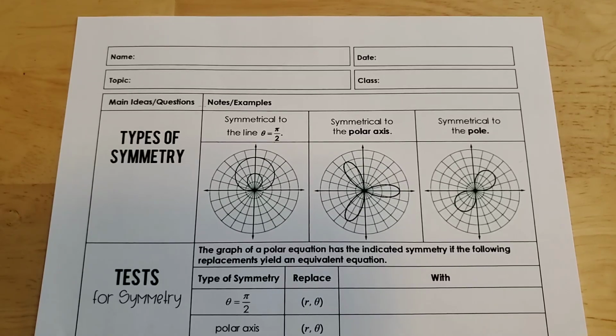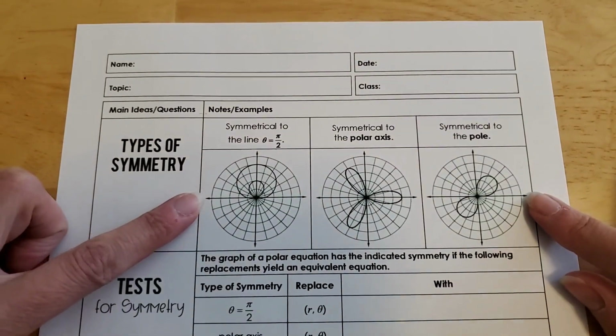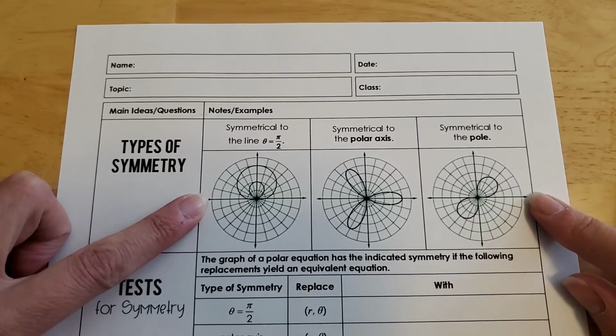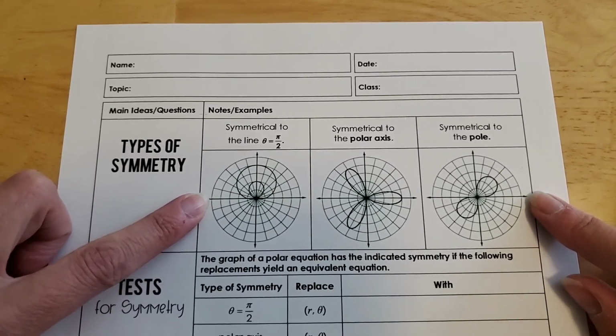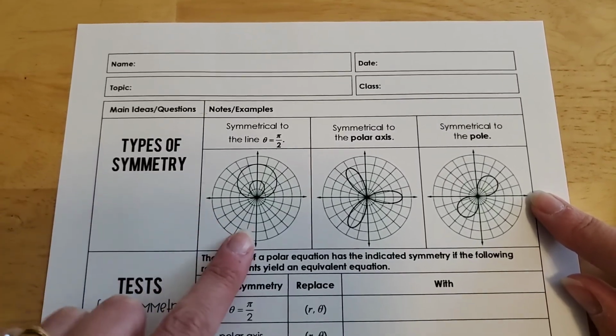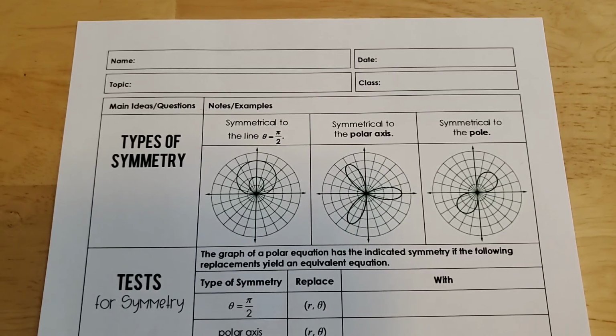We are going to continue our study of polar curves. If you look right here, this is a copy of the notes that you can print out if you like. It's not necessary to print out for today, but it is helpful. These are three different examples of polar curves that have been graphed, and they're really funky curves.